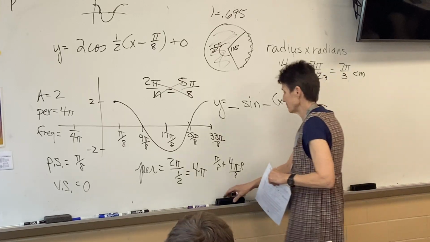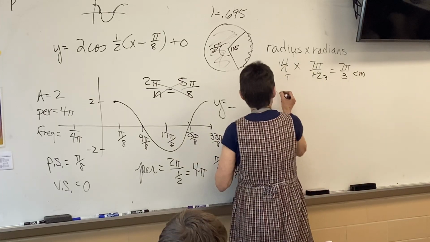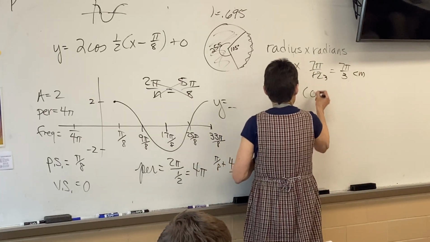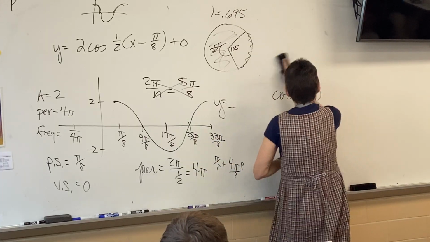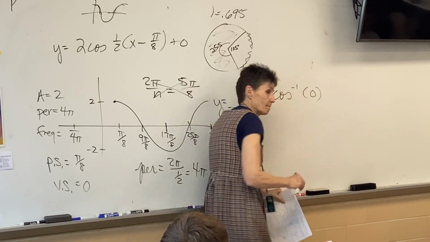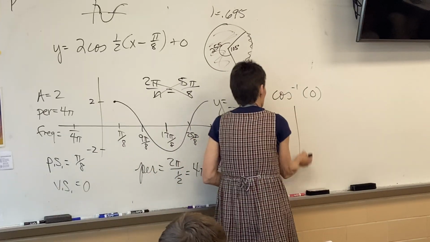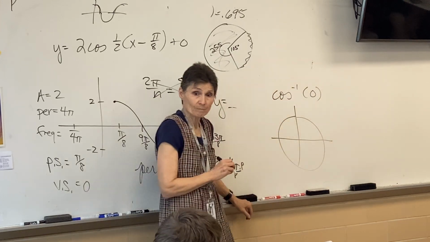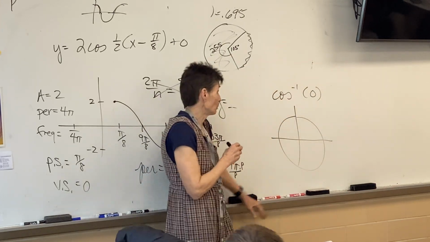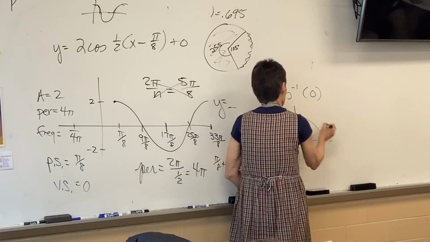No calculator. This is a no calculator problem. What does that mean? You're gonna have to put circles. We have to figure out where the cosine is 0. I'm looking for the angle where the cosine is 0.